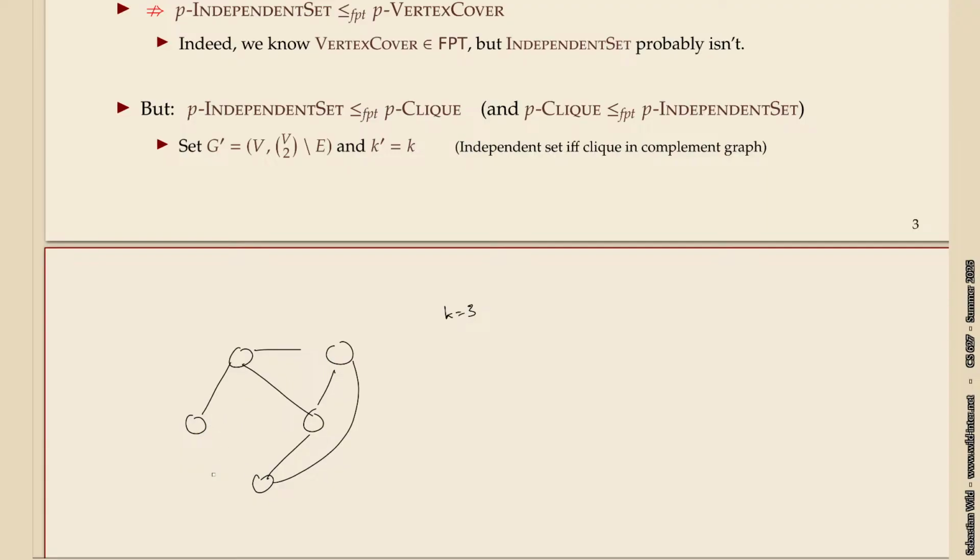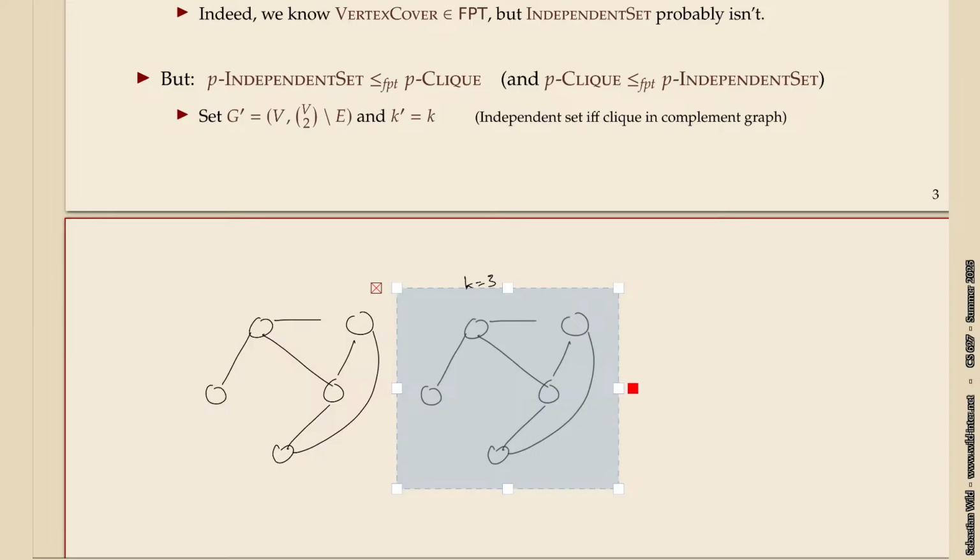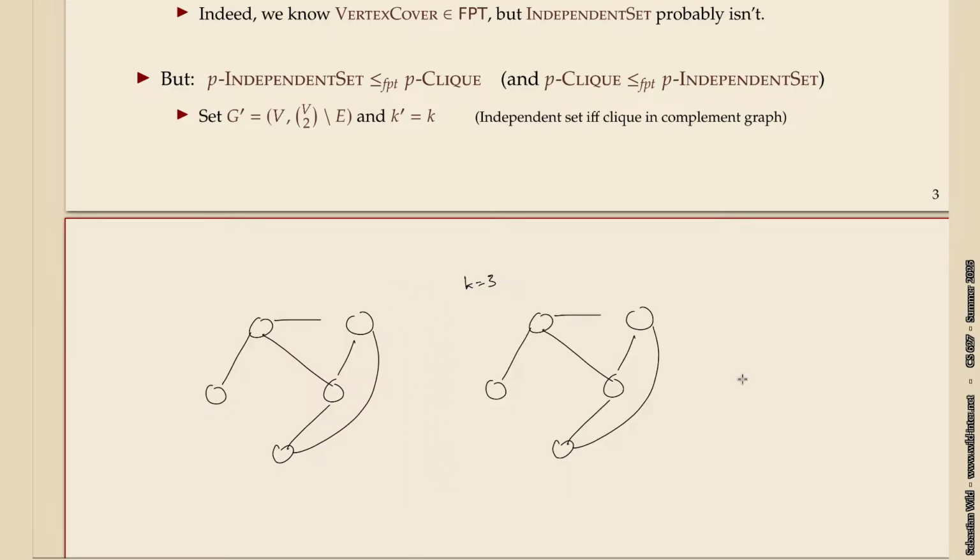I guess that gets too messy. So the complement graph has this edge, and this edge, and this edge, and this edge. I'm just counting degrees.